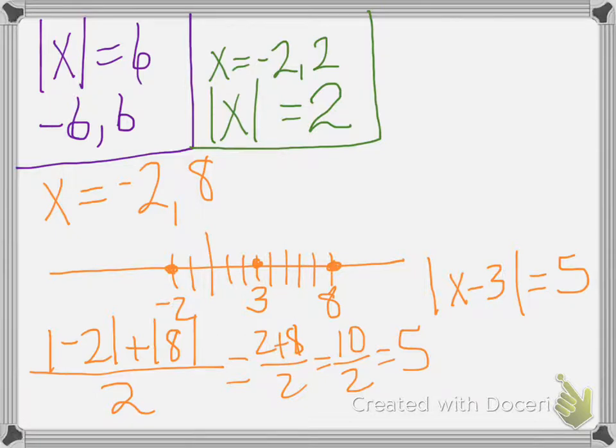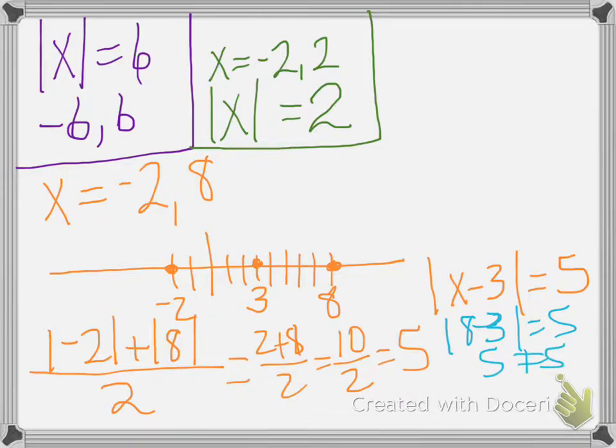Let's try that. Let's grab a different color real quick. Let's go with an aqua. Okay, so I have the absolute value of 8 minus 3. 8 minus 3 equals 5. So that's 5 equals 5. That works.